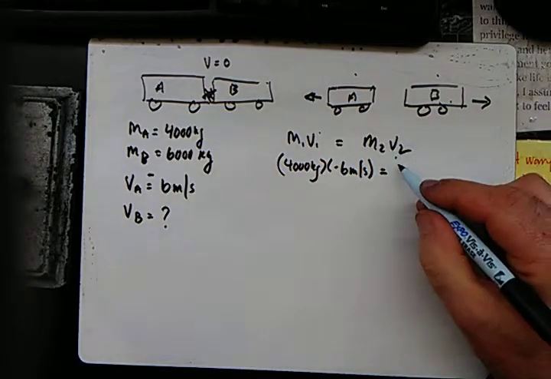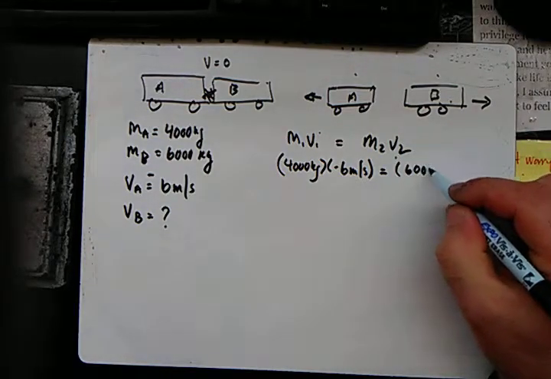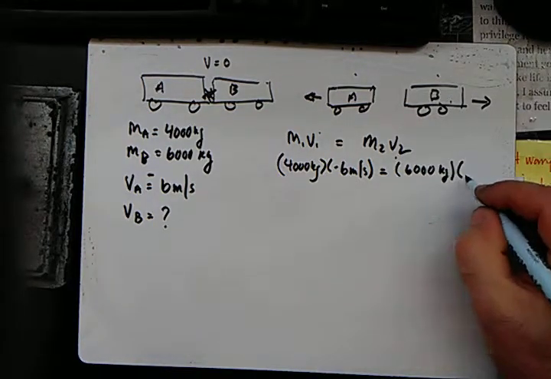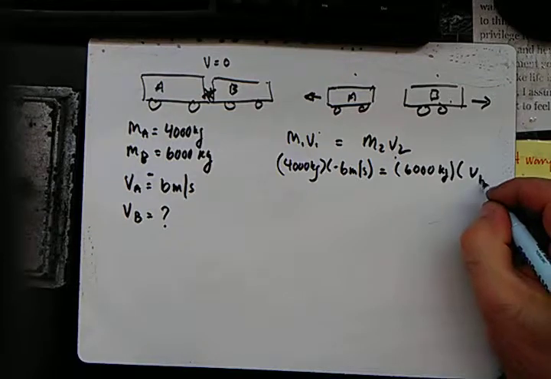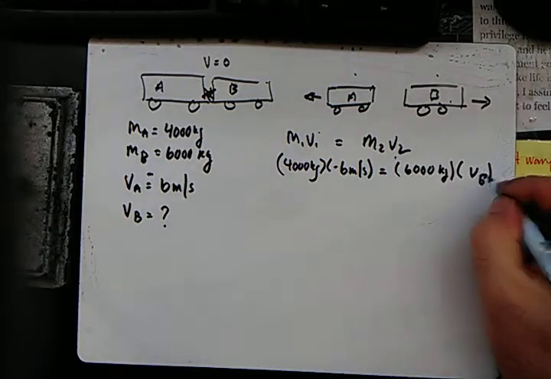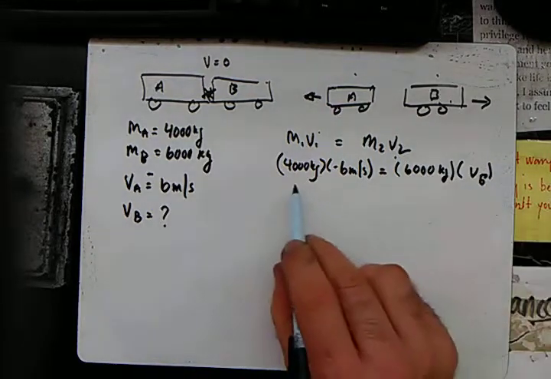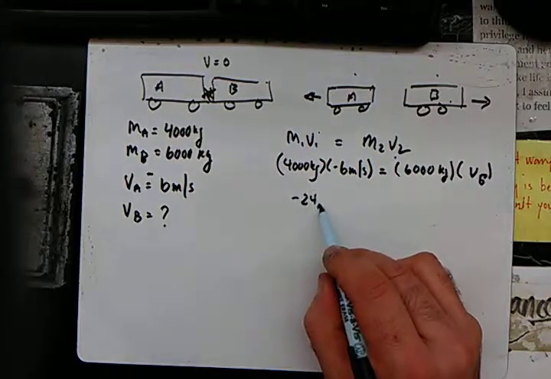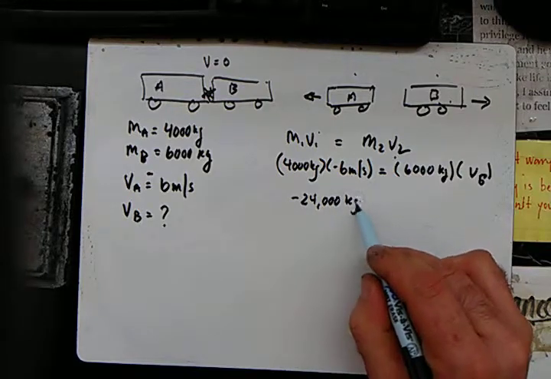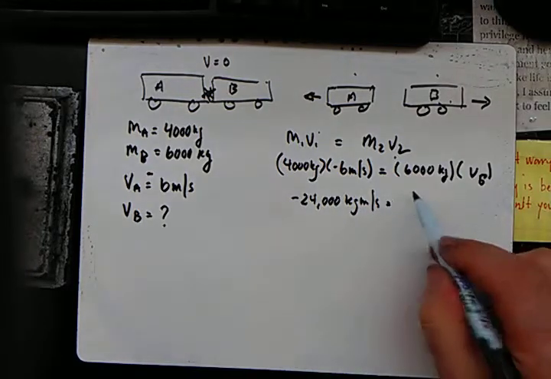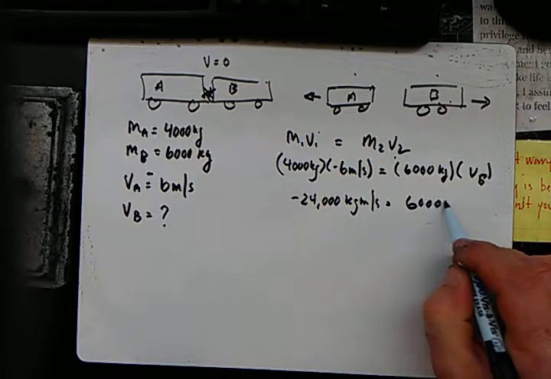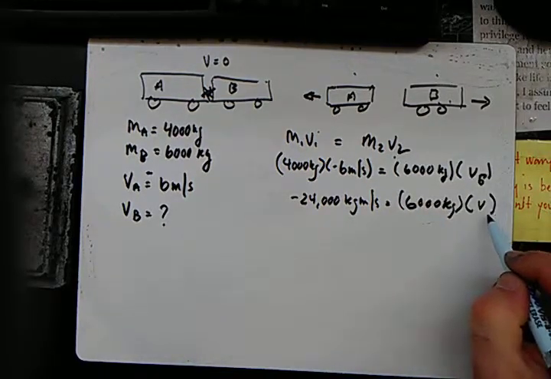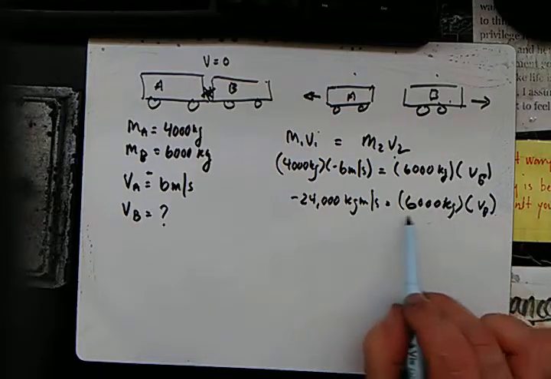That's equivalent to our 6,000 kilogram unit times the velocity of that second unit. We multiply these two together and get -24,000 kilogram meters per second equals 6,000 kilograms times the velocity of that second one.